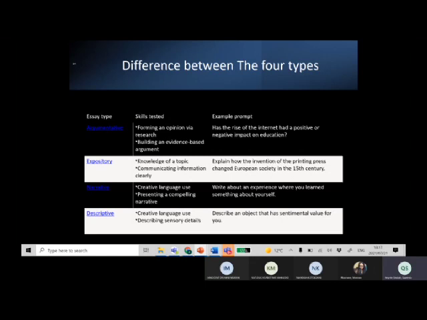So let's just have a table that has these 4 different types of essays. Then we're going to move to the last essay, which is comparative essays, right? So we've looked at argumentative essays.